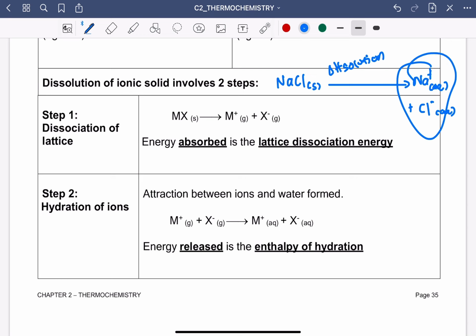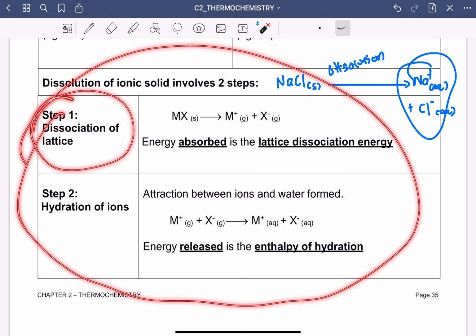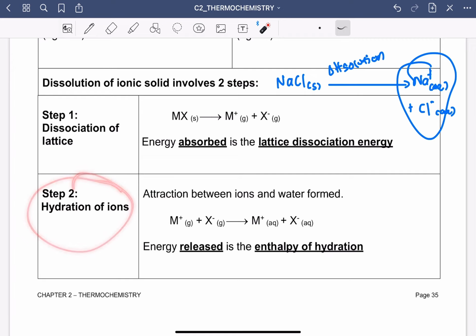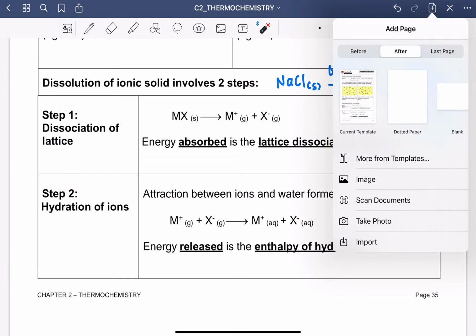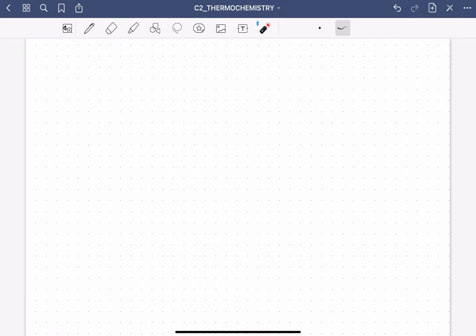So I make it simple. You can read the example here. We have dissociation of the lattice and we have hydration of ions. So how does it go on? I'm just directly going to use sodium chloride.